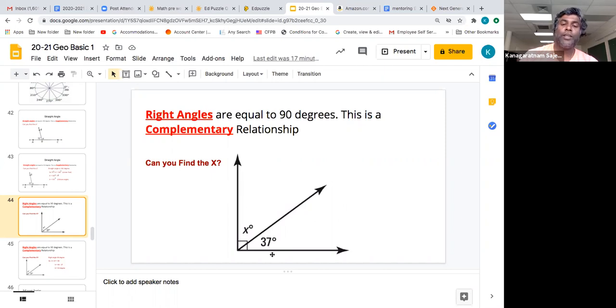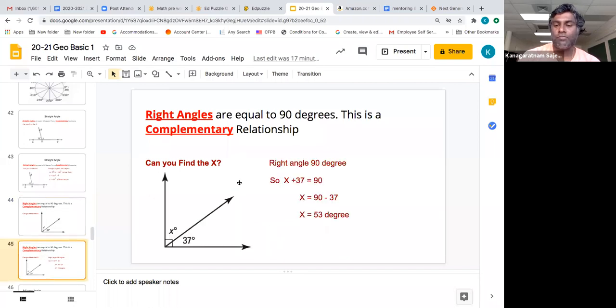Or you can say 37 degrees is a complementary angle for x, because if you have an x, to make it 90 degrees, you have to add 37. Can you find the x? There you go. So a right angle is 90 degrees. We know x plus 37 is 90.